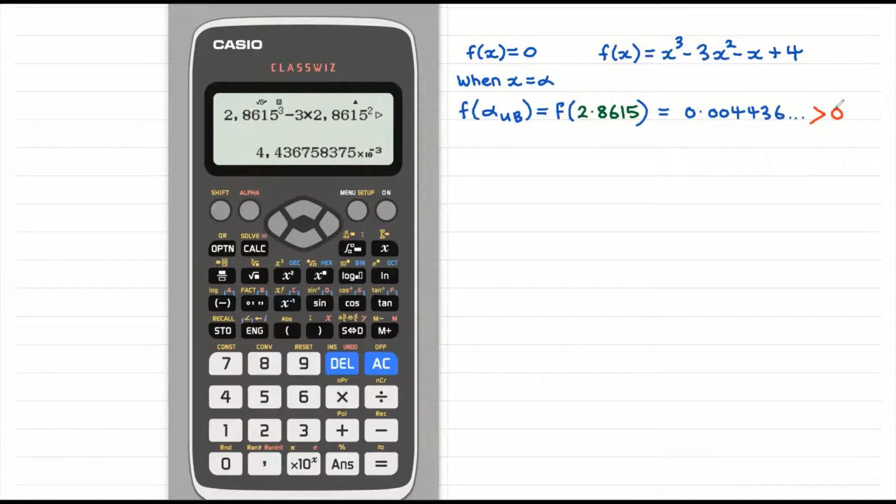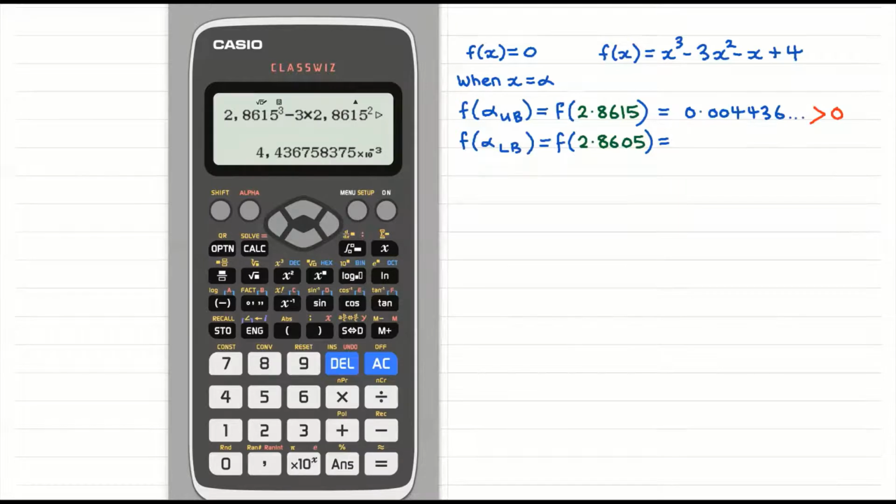Now if we check the lower bound for alpha, f of alpha lower bound is going to be f of, now we plug in the lower bound, which was 2.8605, which we just determined previously. Now we can plug this in, and I'm just going to edit what's on the calculator already.